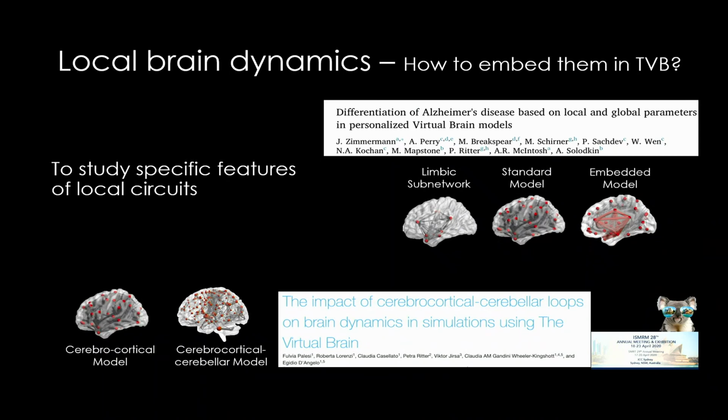So what we want to study is not only the global brain dynamics, but also the local brain dynamics. Here are reported two different studies, the first one focused on the limbic subnetwork, and the second one on the cerebellar connectivity.